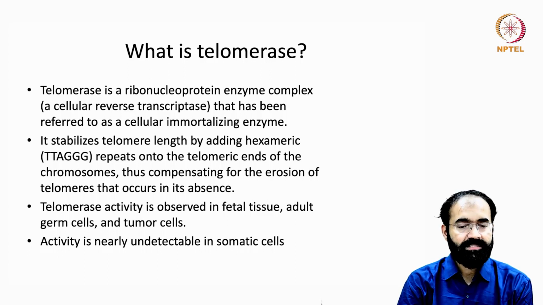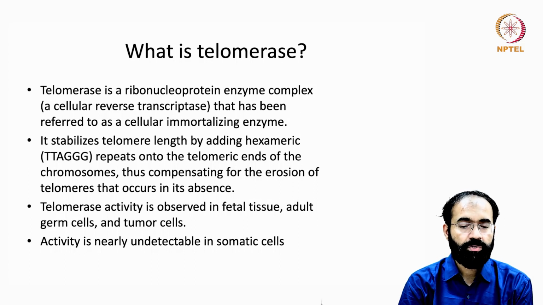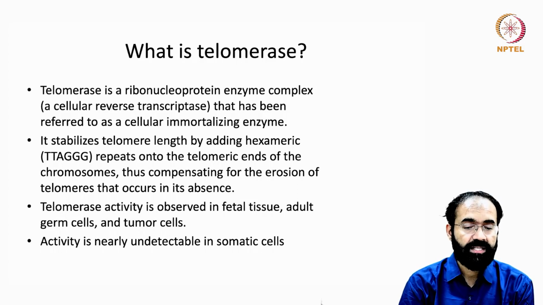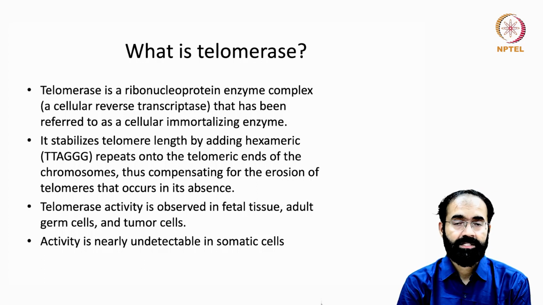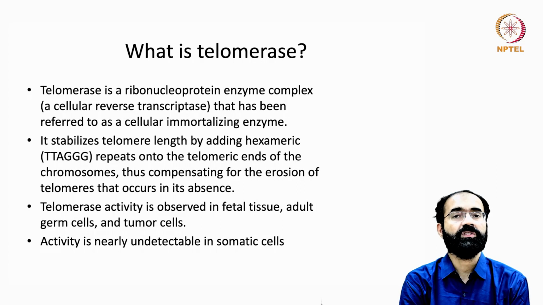It stabilizes the telomere length by adding hexameric repeats T2AG3 onto the telomeric ends of the chromosomes, thus compensating for the erosion of the telomeres that occurs in its absence. So the erosion happens because of the end replication problem, nothing to do with wear and tear.